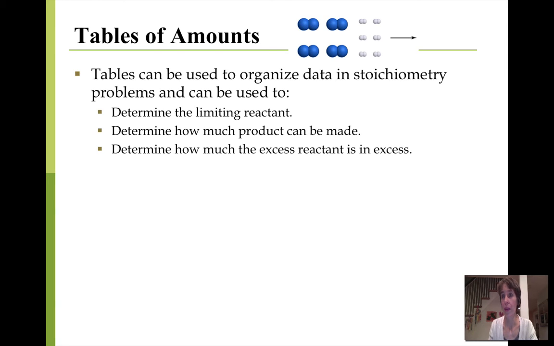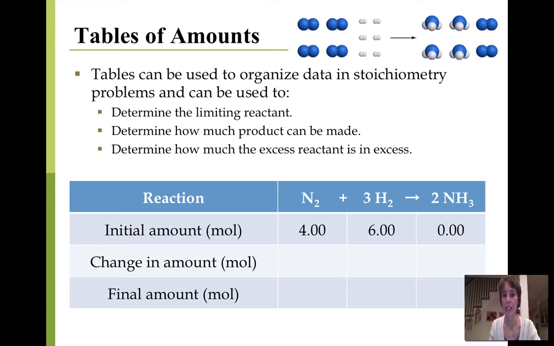Once we've figured out what our limiting reactant is, we need a way to organize ourselves. And so I use a table to organize my numbers in this type of problem, and we call these ICE tables. But let's think about this ICE table with the situation we looked at first.